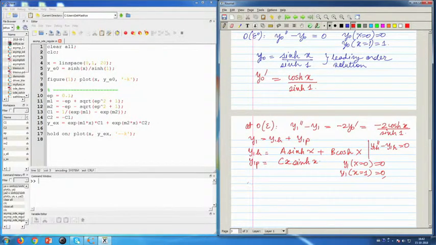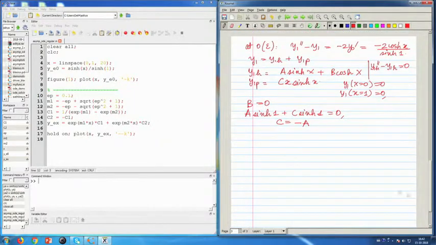So, we have B equal to 0 directly, and then we also have A sinh 1 plus C sinh 1 is equal to 0, implying C equal to minus A, and thus the solution y1 is equal to A sinh x minus A x sinh x, which is also equal to A sinh x times 1 minus x. So, y1 double prime, let us see what that will be.